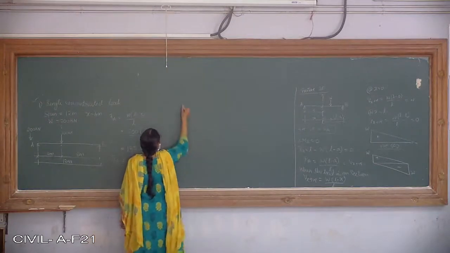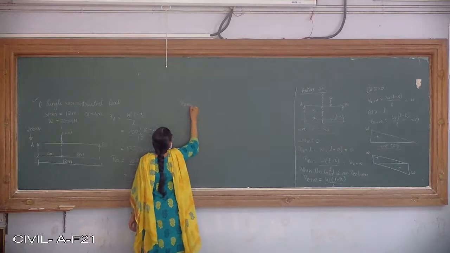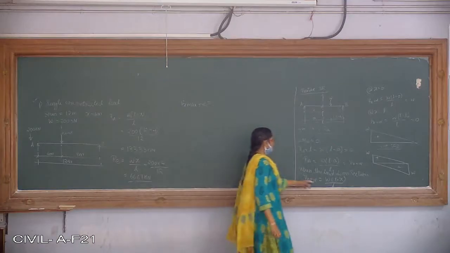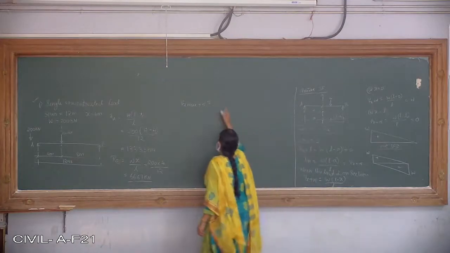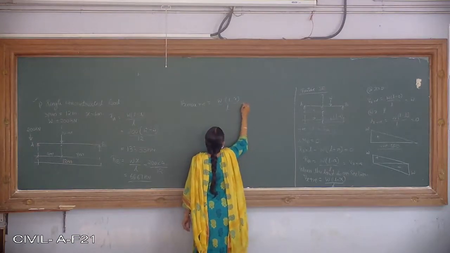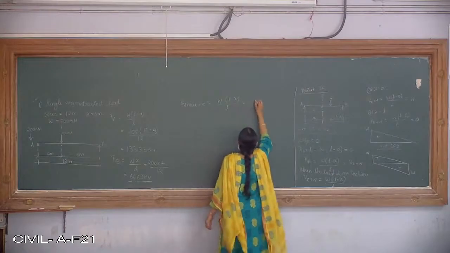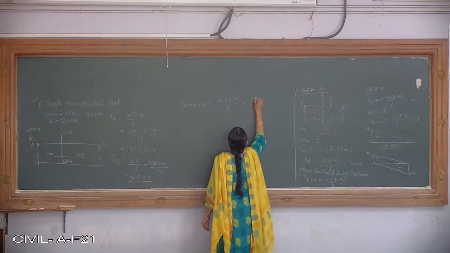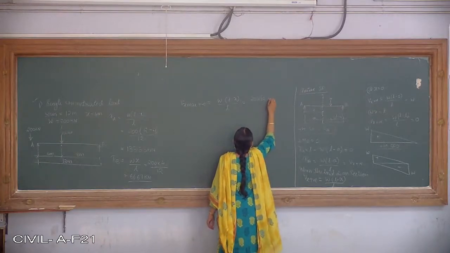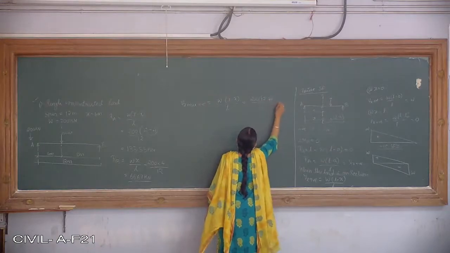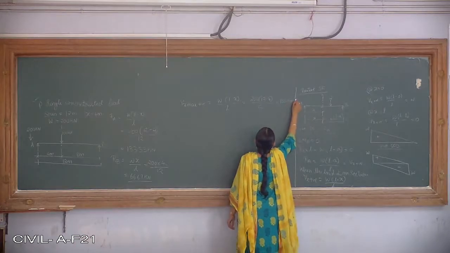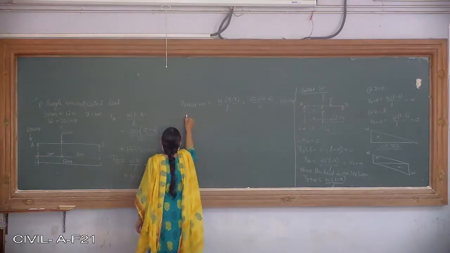So we saw Vx max positive shear force was W into (L minus x) by L, which was equal to RA, and when you substitute this you get 200 into (12 minus 4) by 12, which is also equal to 133.33 kilonewtons.